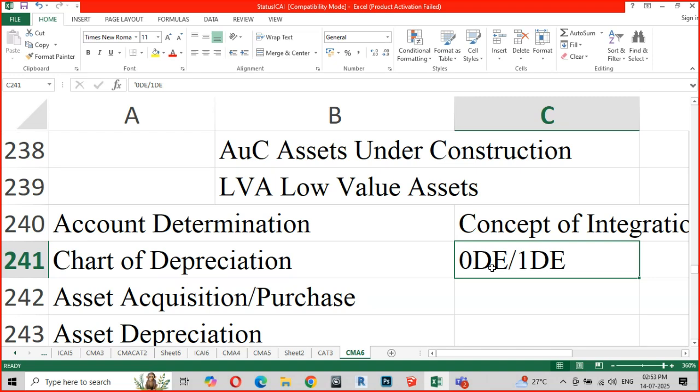And as far as the standard chart of accounts is concerned, you create a copy of the standard chart of depreciation and in the copied version, you add or delete the general ledger accounts, what you need or what you don't need. You do not directly work on the INT chart of accounts.